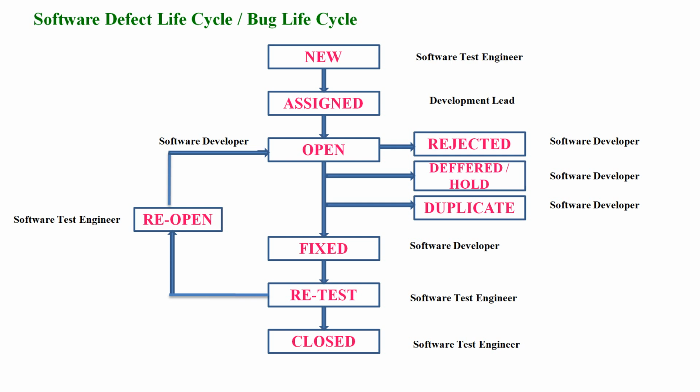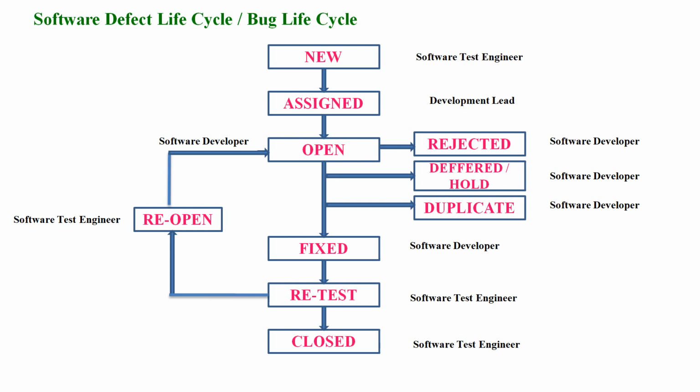So once the concerned software developer opens the defect and finds that there is no defect, then what will he do? He will change the status of the defect to rejected. That means the rejected status will be assigned by the software developer. Why? Because there is no defect.